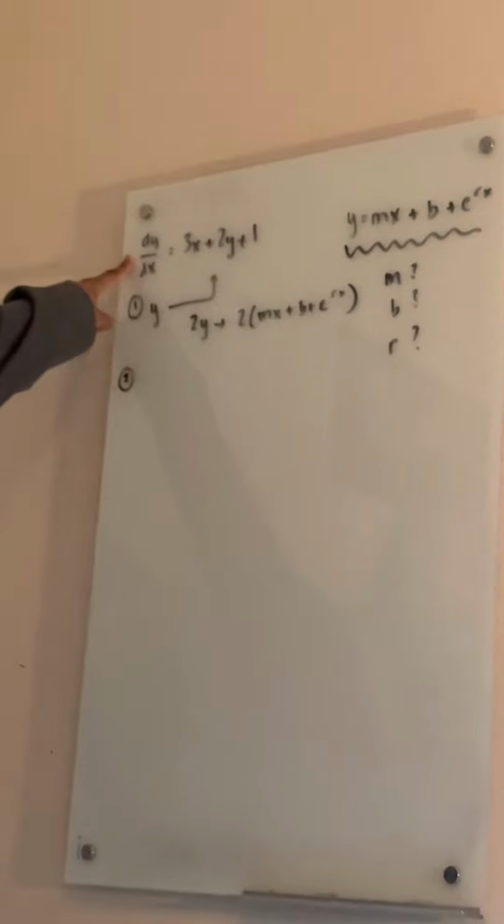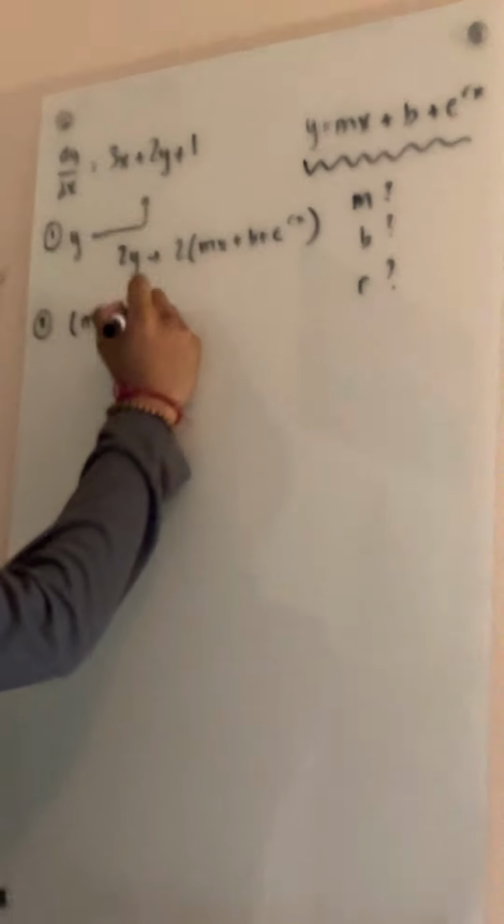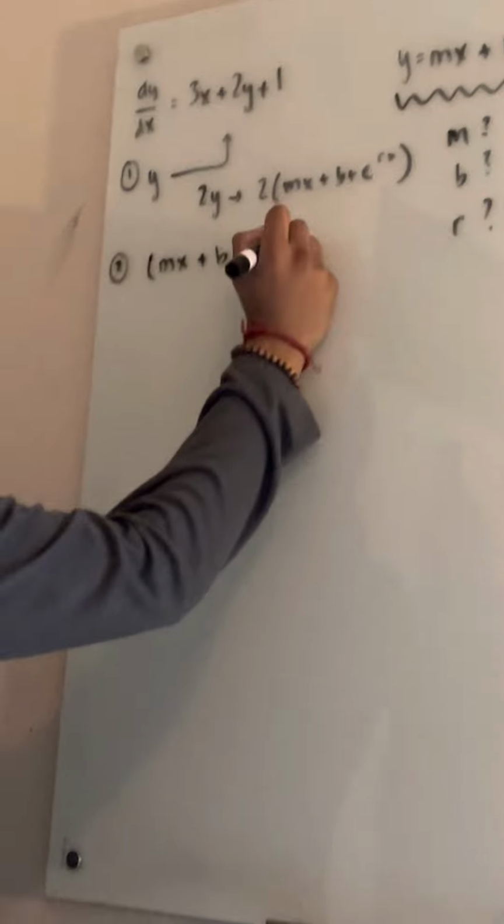The second thing we're going to do, and this is where we tripped up, is that dy over dx is the same thing as if you differentiated y.